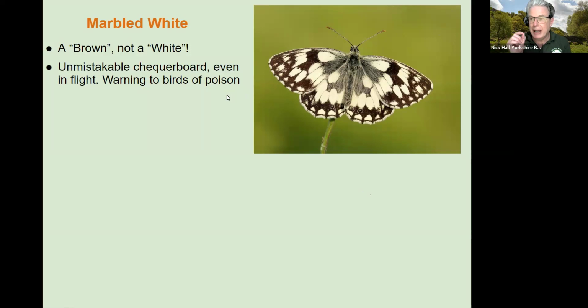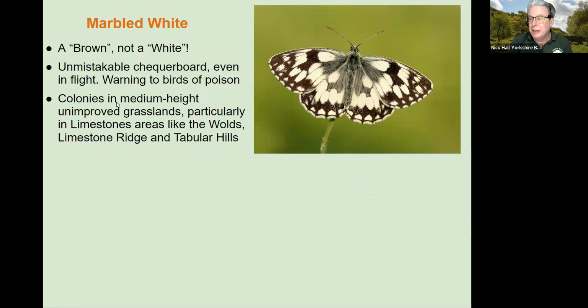You get a black body of an ergot. That's what the female is trying to find, because that indicates the fungus is present, and therefore my progeny will be protected by the poison. And I'm going to tell the whole world that I'm poisonous by being this startling, wonderful marbled colour.